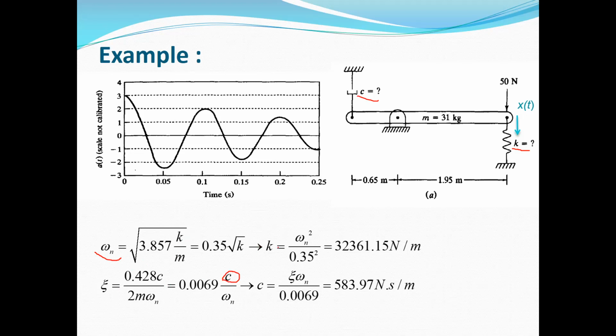So by using this equation, we can obtain k and c, which these are the required stiffness, 32.3 kilonewton per meter, and the coefficient of damping must be equal to 583.9 Newton second per meter. So these are the required values for a spring and for the damper.